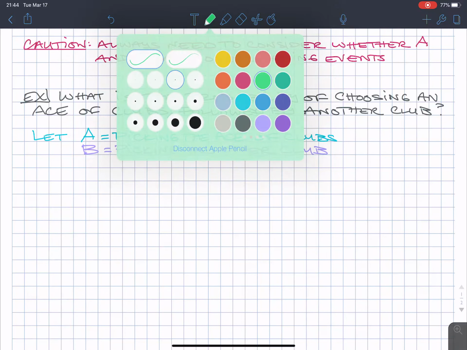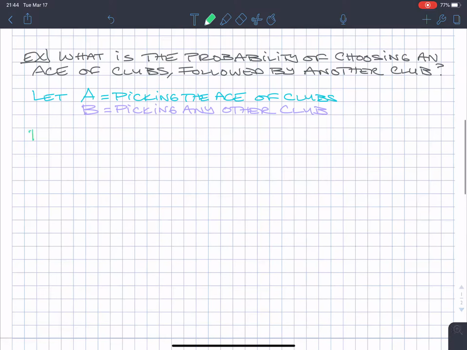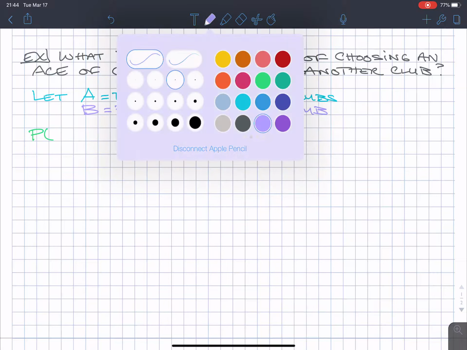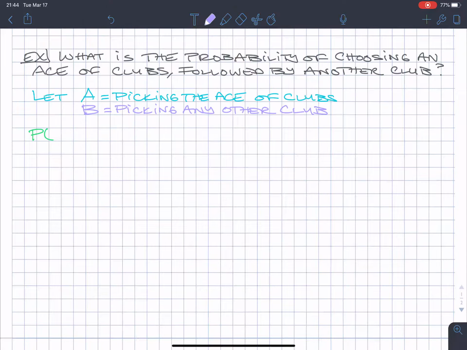Okay, so the probability of, this is followed by, so this is not given. This is going to be "and," right? I want both to occur.